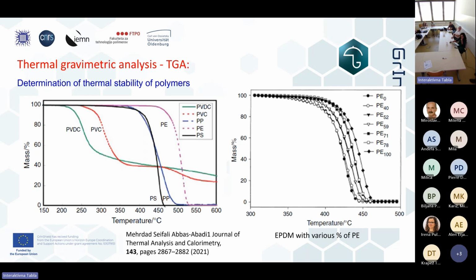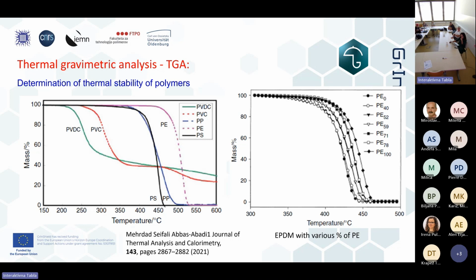However, it is not. This depends on the heating rate. So if we use 10 degrees per minute, we will get this type of curve. If we reduce it to 1 degree per minute, this curve will be more like PVDC. So heating rate is quite important.